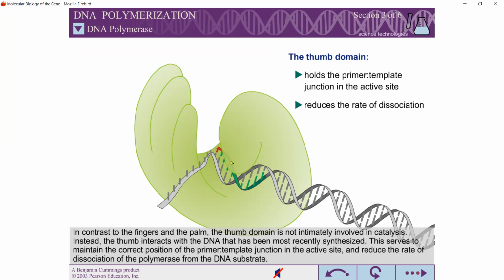So this is basically the function of the thumb domain, and it also reduces the rate of dissociation of the polymerase from the DNA substrate, which means that it doesn't allow the DNA to open up from the polymerase.